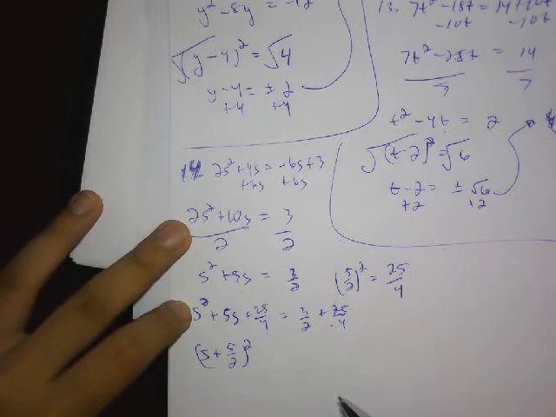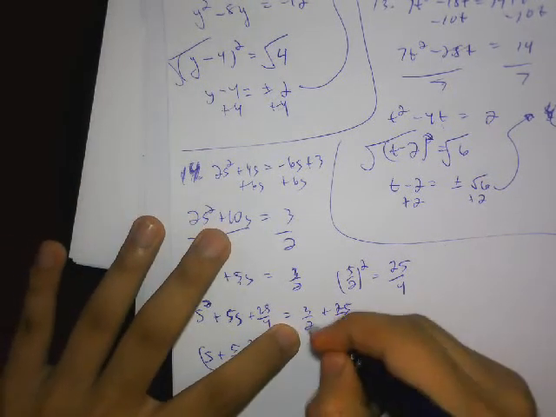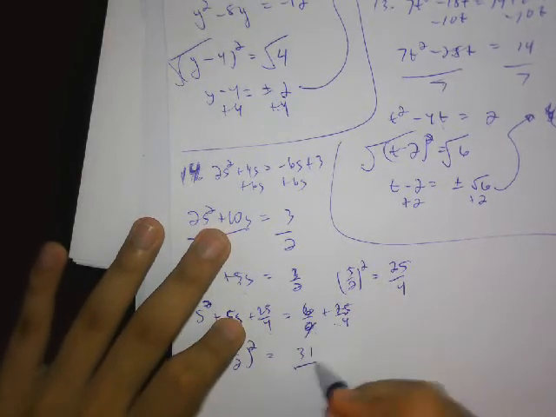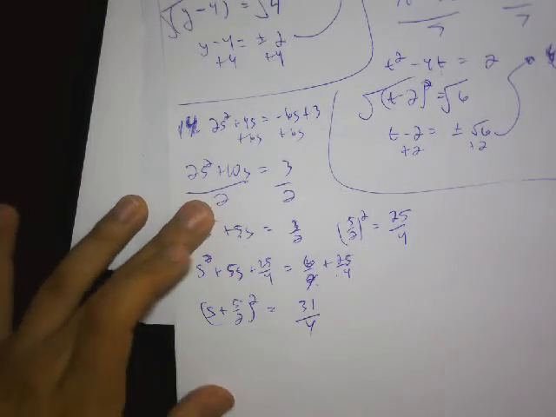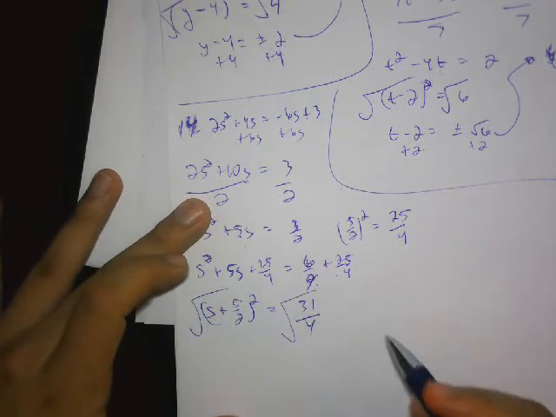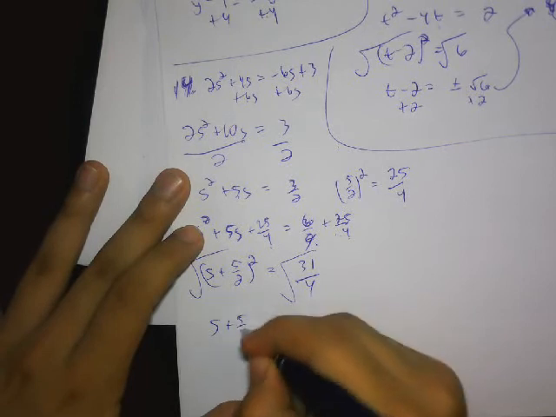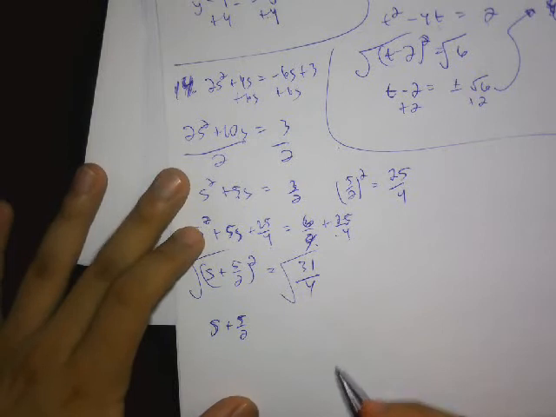Square root of both sides, square root all around. We get s plus 5 over 2 equals plus or minus the square root of 31. 31 is also prime, so no factors. And then the square root of 4 is 2.